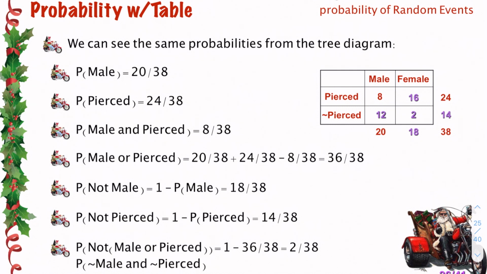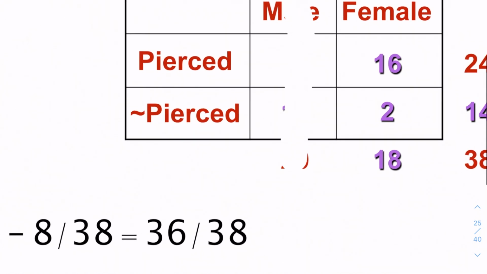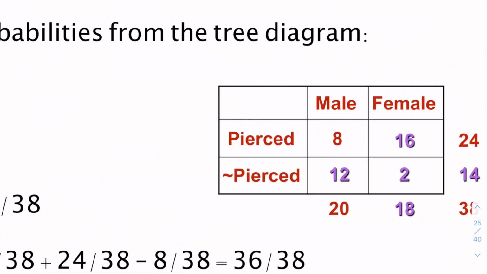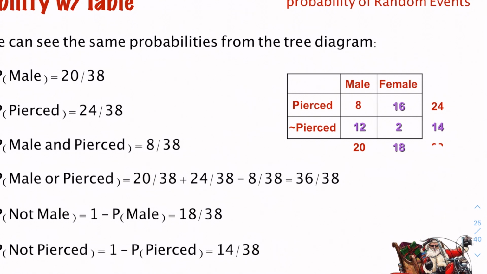Okay, the third way. How about with the table, which is most likely how you're going to visualize a lot of the probabilities that you're given, is this two-way contingency table. What's the probability of being male, which would be looking down on the column male. What's the probability of male and pierced? So we go male and then pierced, and we get this 8 value, 8 out of 38.